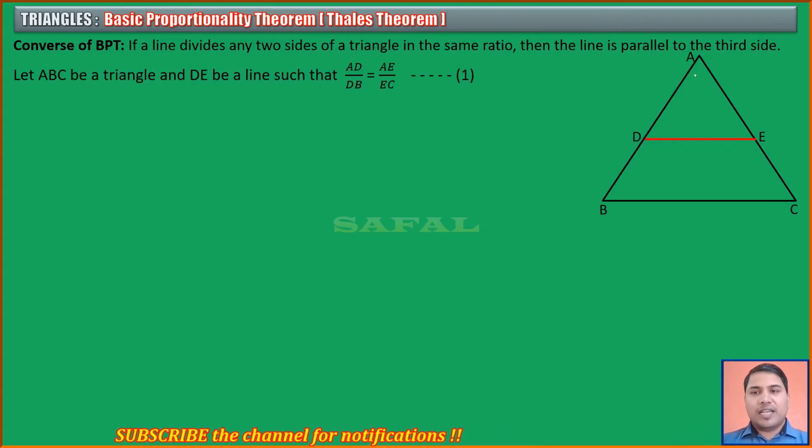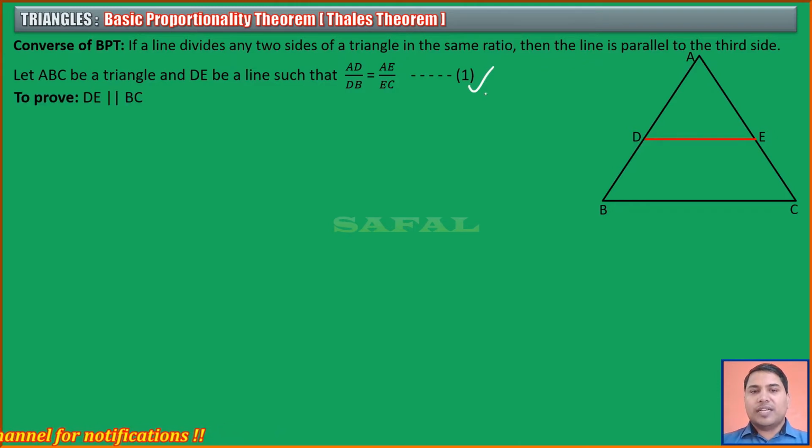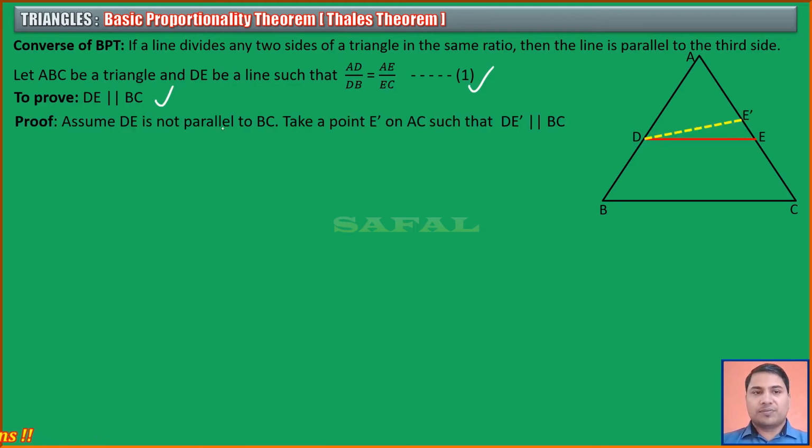So triangle ABC I have taken. Now DE is a line such that AD by DB is the same as AE by EC. So that is given to us. Now what do we need to prove? That DE is parallel to BC. Okay, so let's see how we can prove this. Now I am assuming that DE is not parallel to BC.